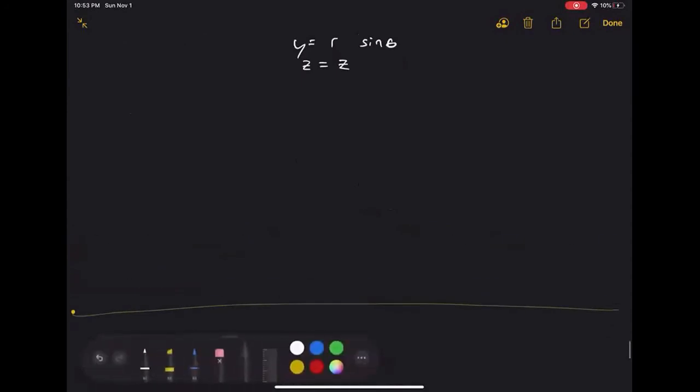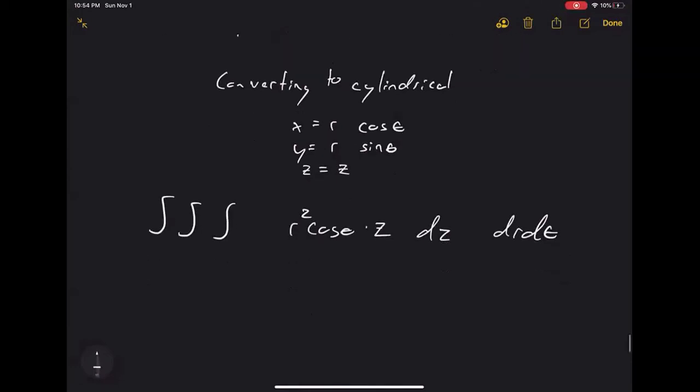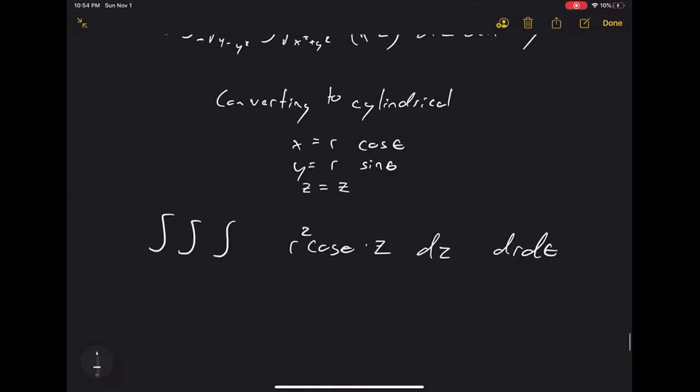Let's say we have the dz stays the same, the dx, dy becomes r, dr, d theta. I could pull this r out front and make this r squared. Okay. The hard part about this conversion is converting my bounds correctly.